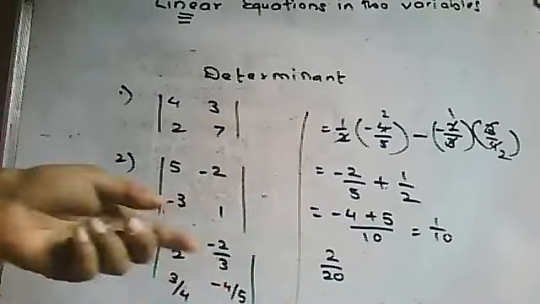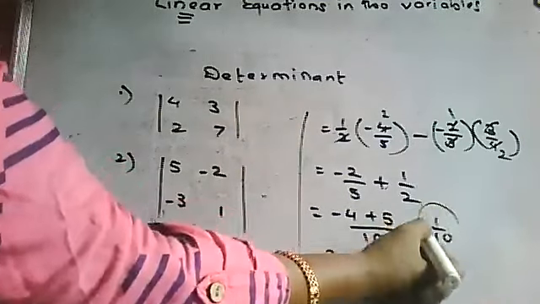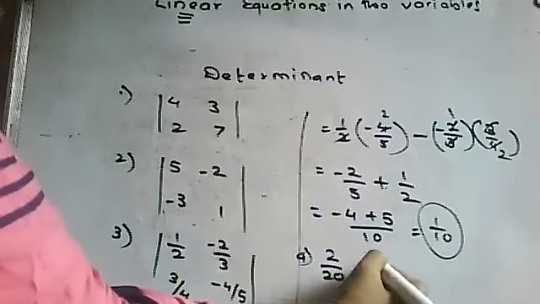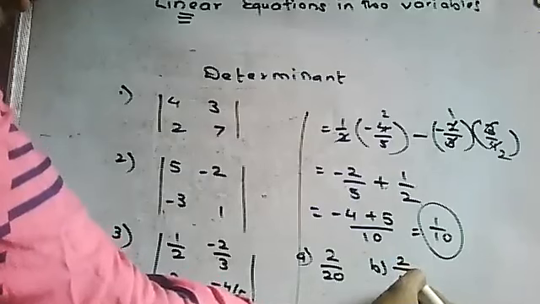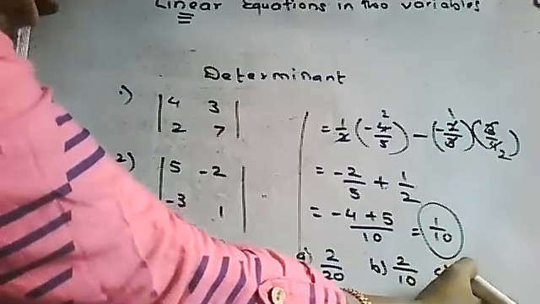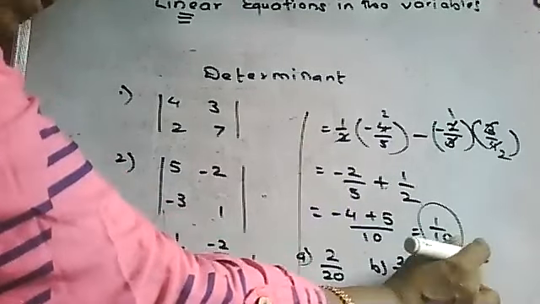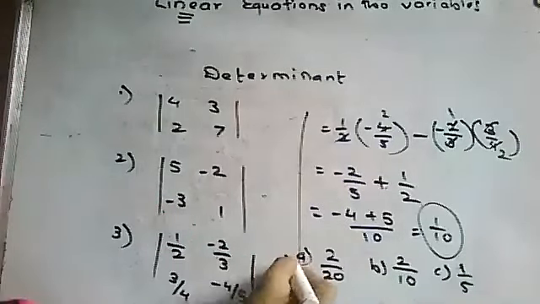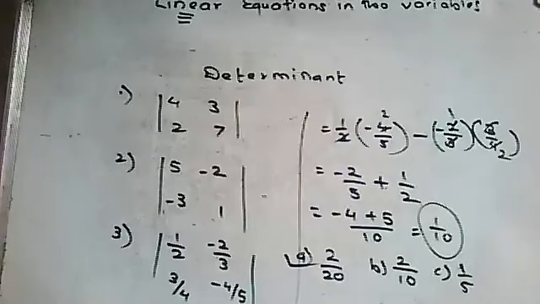Okay, or they may give you like this. Suppose I am getting 1/10, but they are saying A is 2/20, B is equal to 2/10, or C is equal to 1/5 and so on. Still this option is right. So you have to be very careful. 1/10 and 2/20 is the same thing.